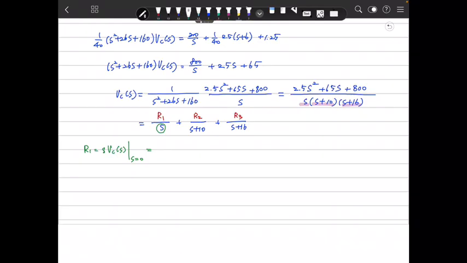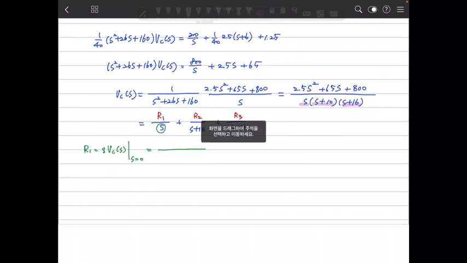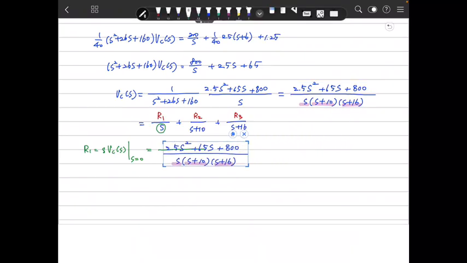So we have already known that we can write the system like that, and multiply by s. So this will be eliminated, and adding s is 0.